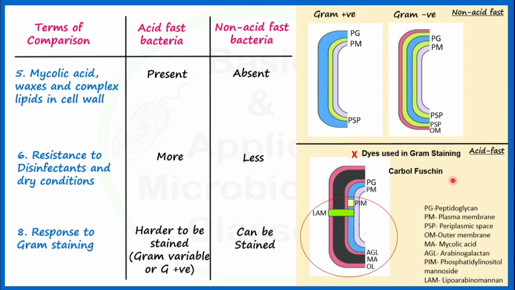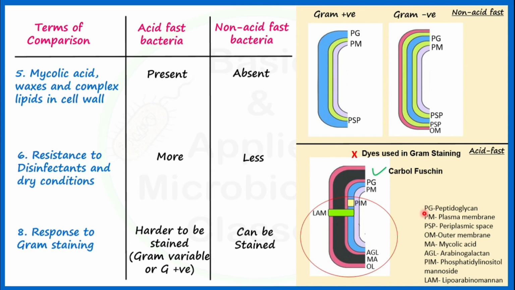Because of the presence of phenol, this dye gets solubilized inside the lipid content and gains entry inside the cell wall of acid fast bacteria and helps the bacteria to undergo staining. That is the reason carbol fuchsin is capable of staining acid fast bacteria, and dyes used in gram staining cannot successfully be used to stain acid fast bacterial cell walls.